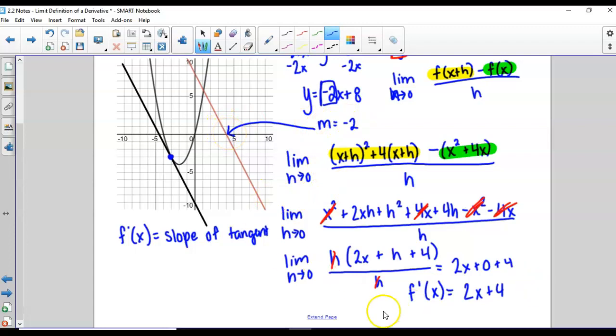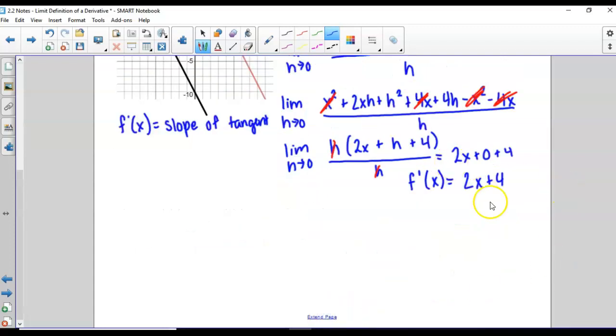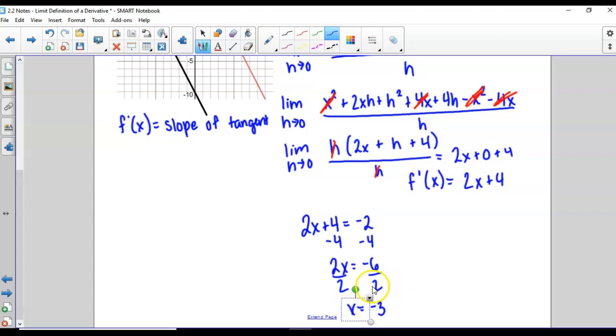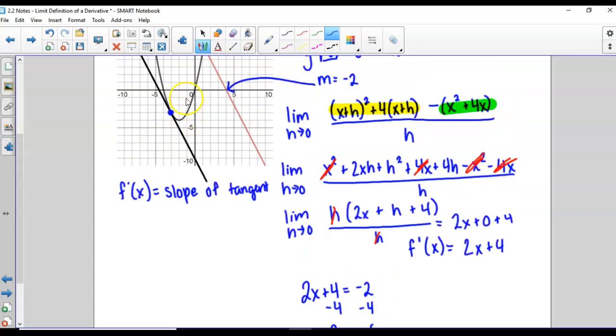So what we can do here is take our derivative that we just found, 2x plus 4, and set it equal to -2. And when we do that, we can solve. We'll subtract 4 from both sides. We'll get 2x equals -6. We'll divide by 2. So x equals -3. So -3 is the x coordinate of your point of tangency.